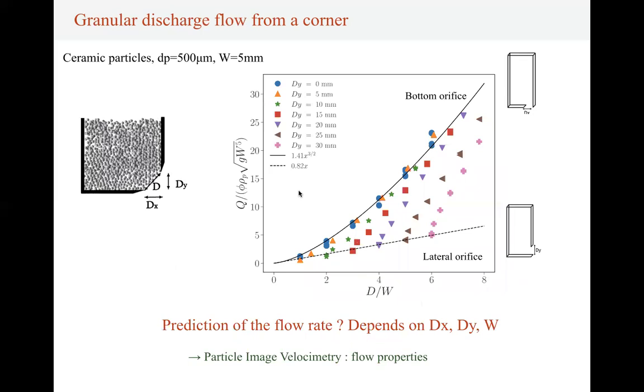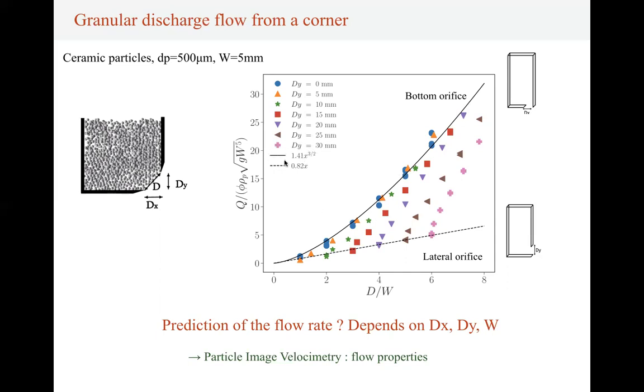We change dx and dy, and I plot the flow rate divided by the thickness of the silo versus the aspect ratio of the aperture. Here we change dy, the size of the vertical extent of the aperture. When it is equal to 0, that means that we have a bottom orifice, and we find the scaling law with the power law 3/2.